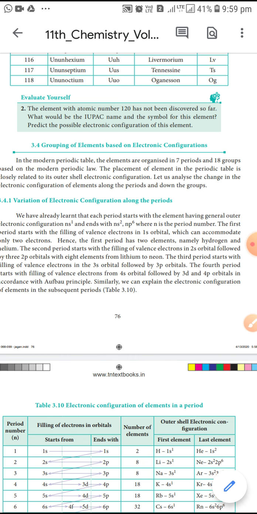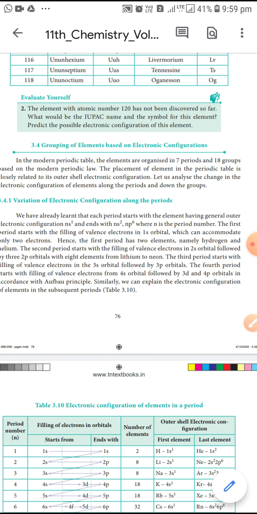In the sixth period, the filling of valence electrons starts with the 6s orbital, followed by 4f, 5d and 6p orbitals. The filling of the 4f orbital begins with cerium and ends with lutetium.